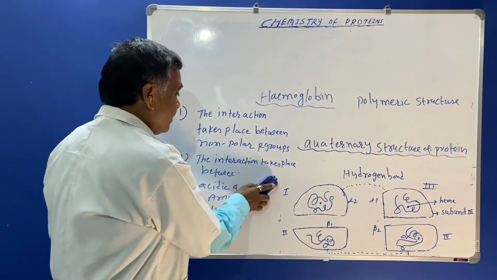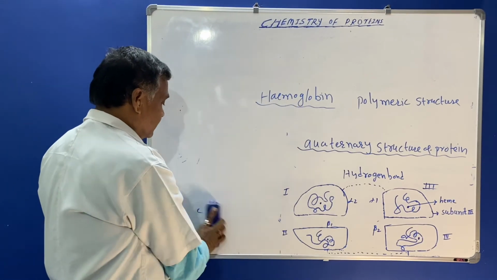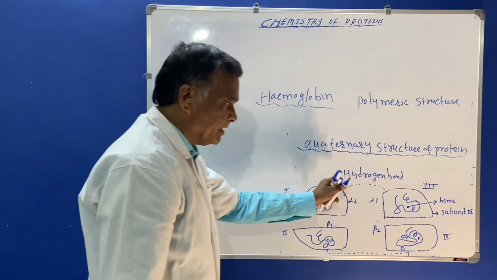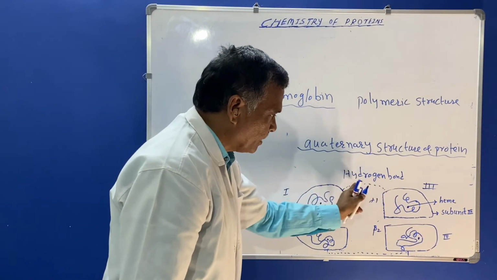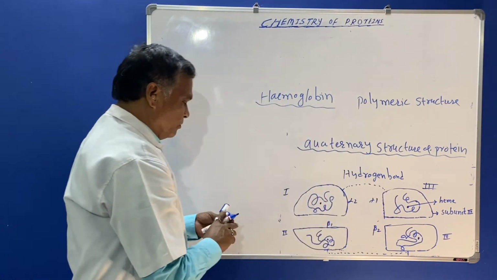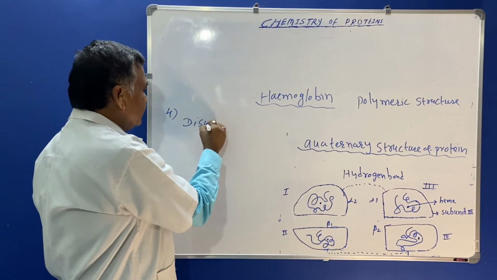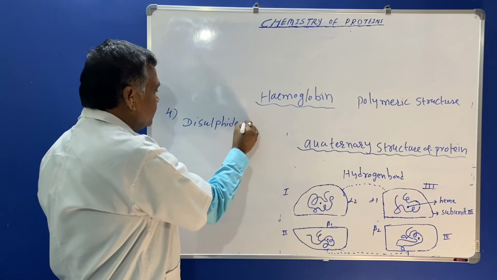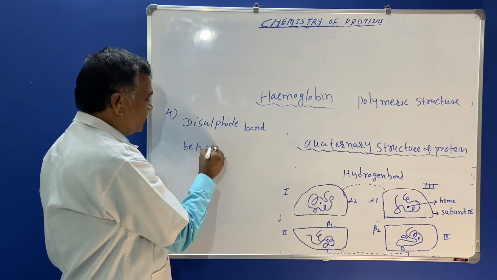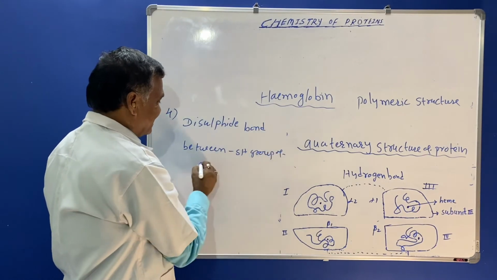The third one is hydrogen bonds, which I have explained here. The third bond is the hydrogen bond, which forms between two different polypeptides. And the fourth one is the disulfide bond, between the SH group of cysteine.